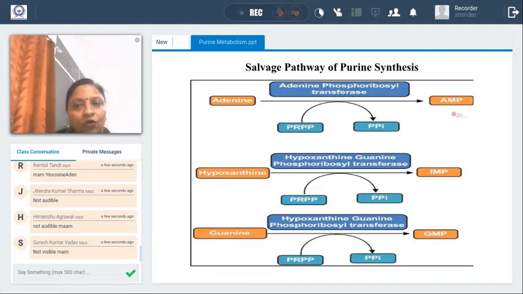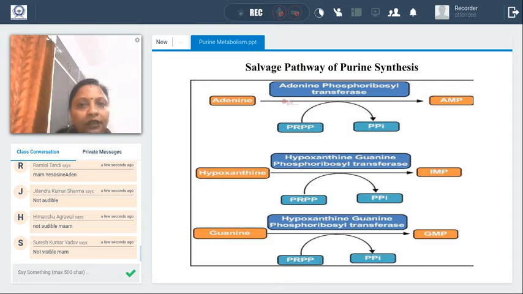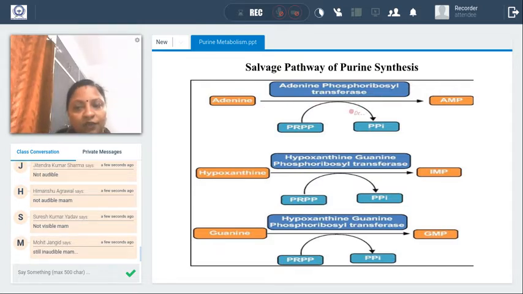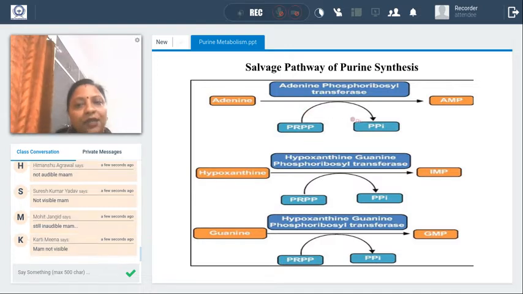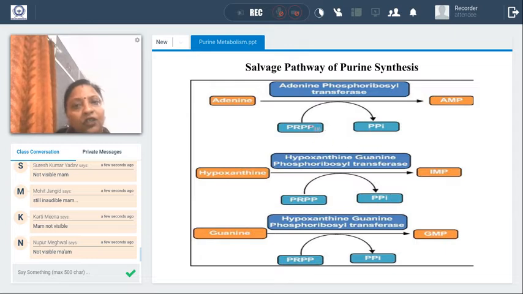You all know adenosine monophosphate is a nucleotide. It is formed in the presence of adenine phosphoribosyl transferase. The enzyme is very important, adenine phosphoribosyl transferase. In the presence of PRPP, it releases PPi, inorganic pyrophosphate. What does it mean?